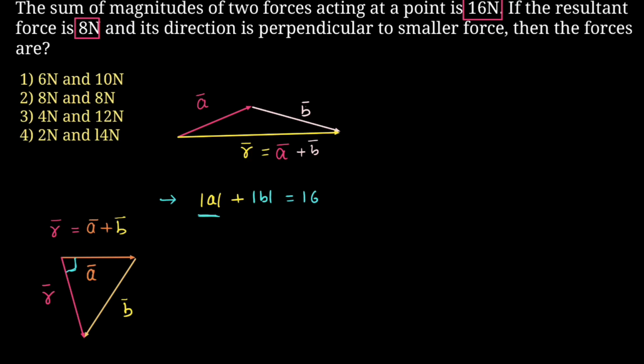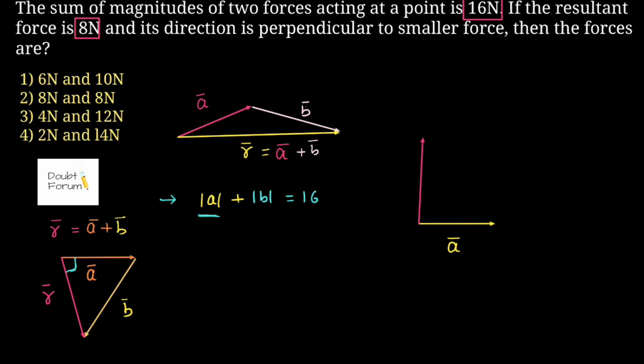Now we will represent this condition using a diagram. Let's say this is vector A. Before I draw vector B, I will draw the resultant vector here, because it will be easier for us to draw up to scale.